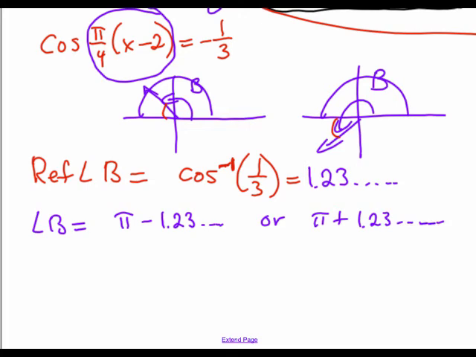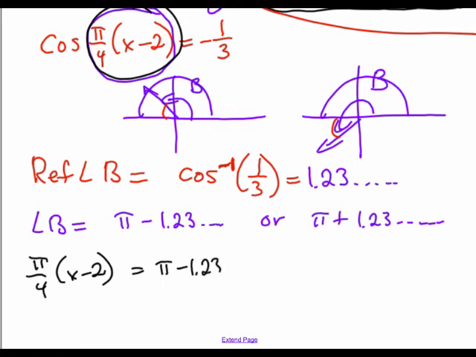Alright, now it's time to bring back the fact that B is this big expression. So what we're saying is pi over 4 times x minus 2 is equal to this, or pi over 4 times x minus 2 is equal to this. And now we have two separate equations to solve.